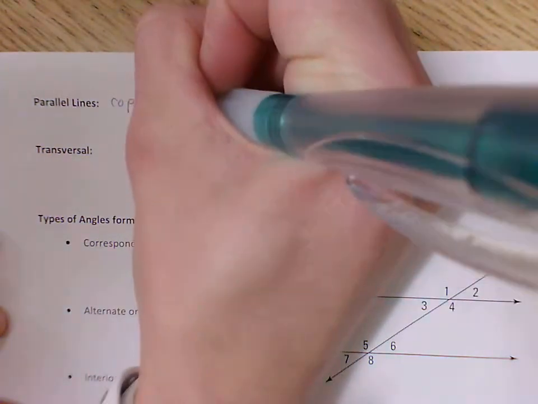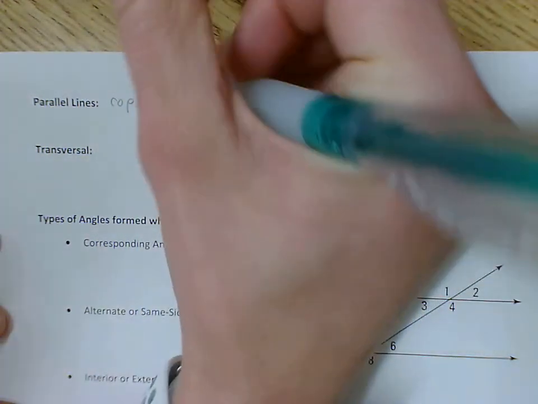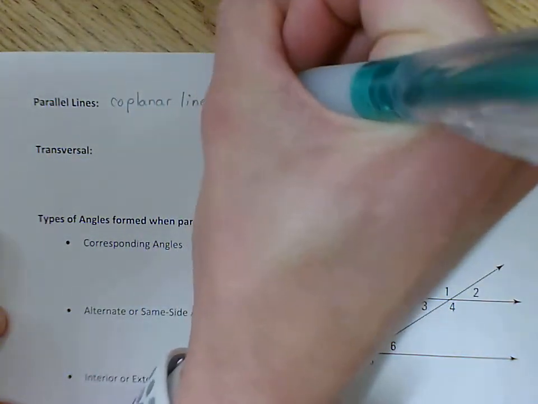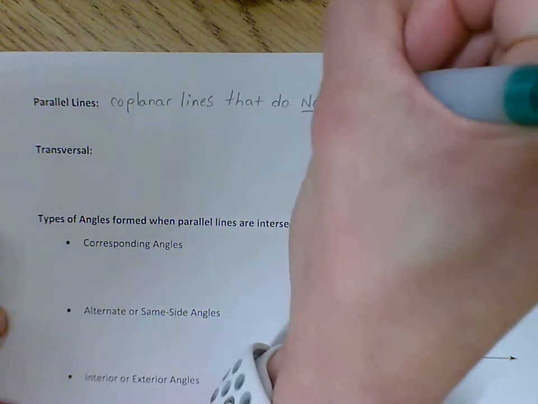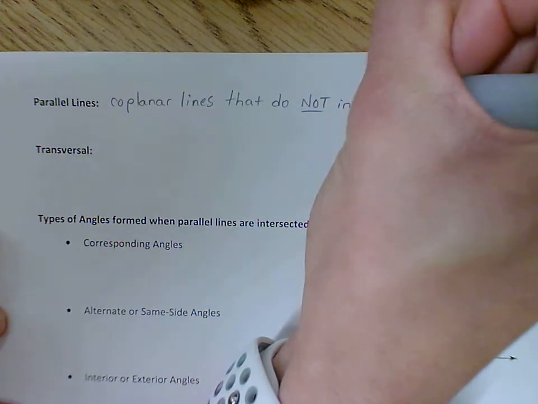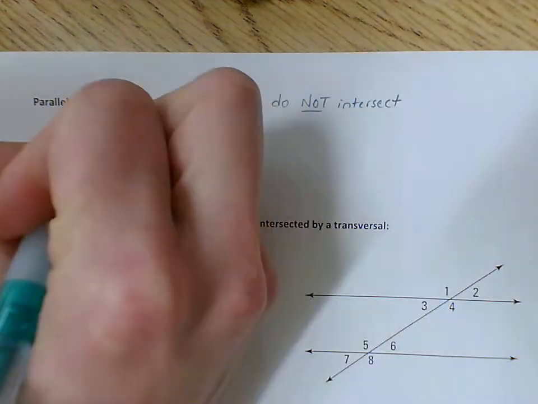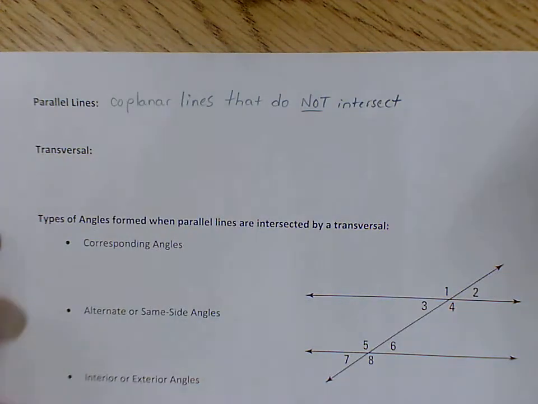They are coplanar lines that do not intersect. So first of all, coplanar means that they're on the same plane. A plane is just a flat surface.